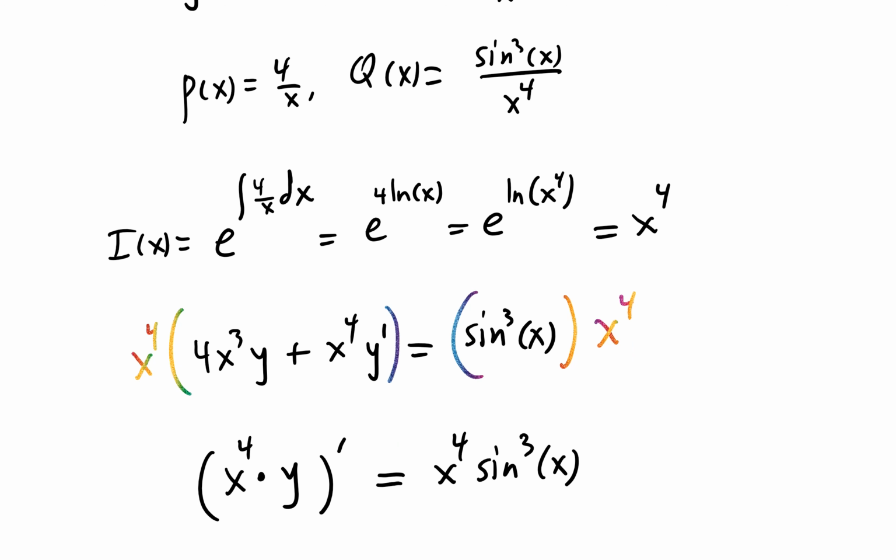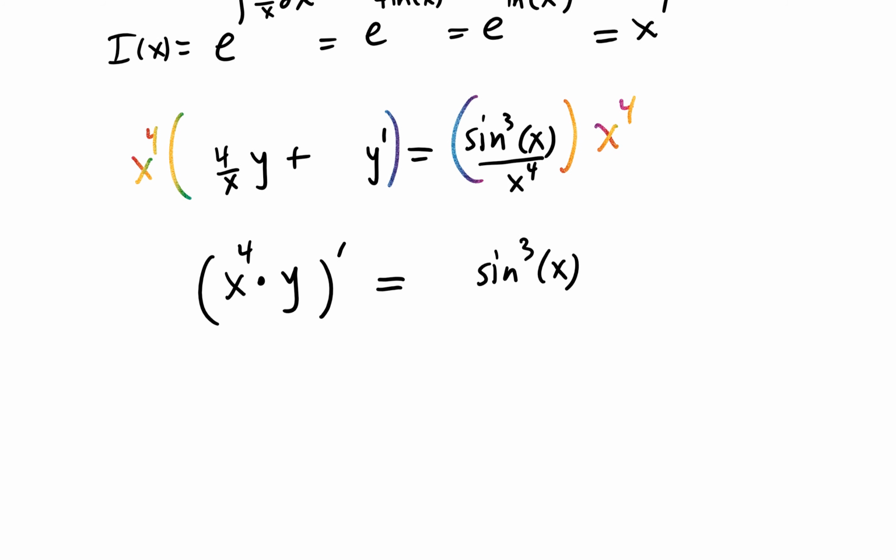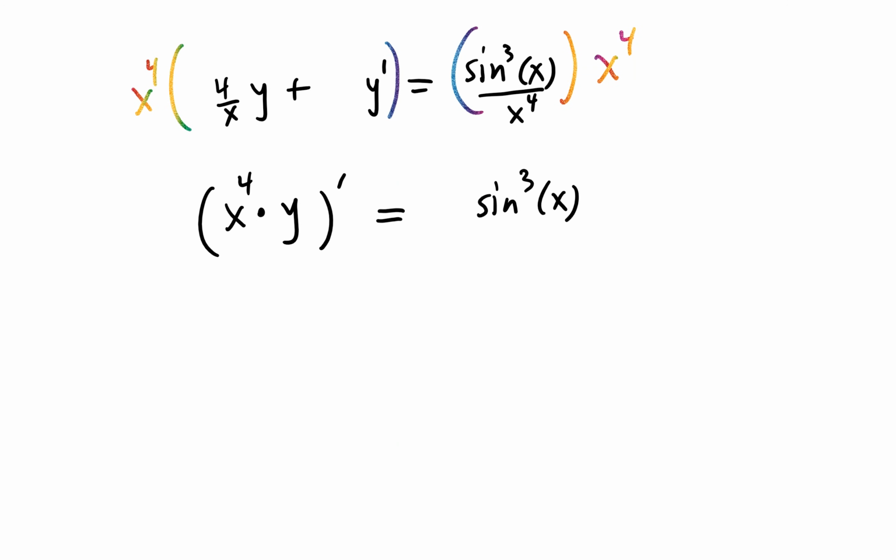So here we need to rewrite this as 4 over x and x to the fourth. This way it will make the right-hand side just x to the fourth, sine to the third x. When we integrate both sides, the left side becomes simply x to the fourth y, and the right side is the integral of x to the fourth sine cubed x dx plus c.